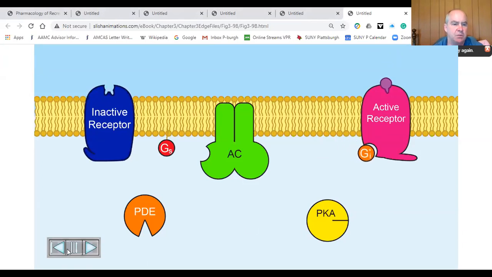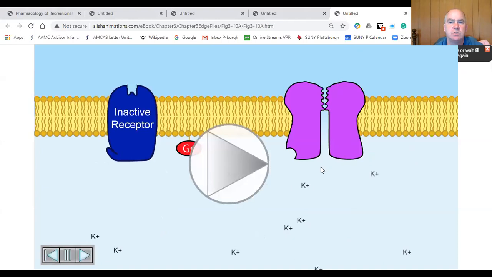So we've got receptors that will increase cyclic AMP in a cell and receptors that will decrease cyclic AMP in the cell. How does that relate to channels? These are metabotropic receptors and they will affect ion channels in the cell. This is a potassium channel.